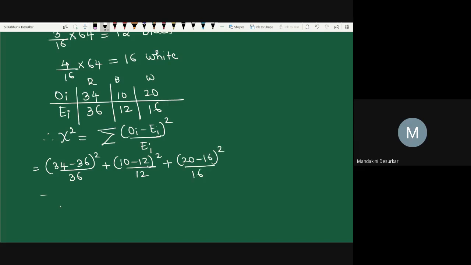That is 4 by 36, 4 by 12, 16 by 16. Check what the answer of chi-square is now.